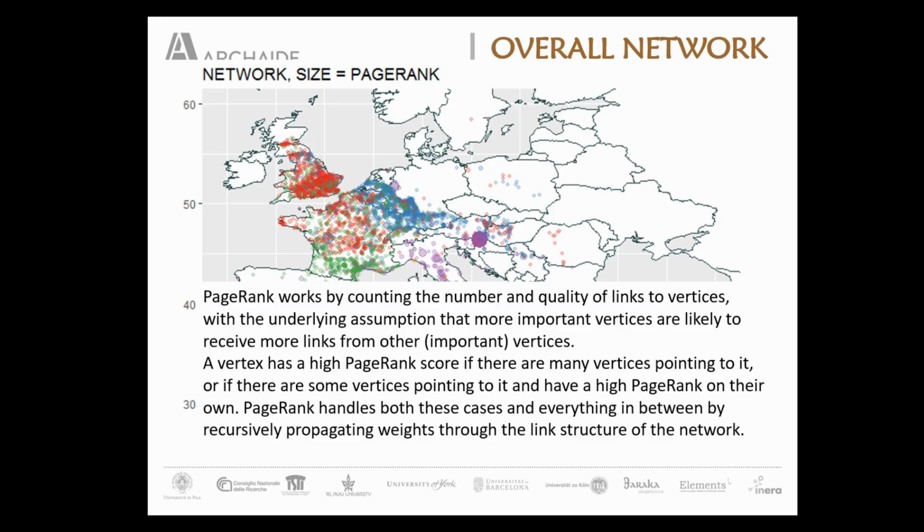So the assumption is that the more important vertices are likely to receive more links from other, in many cases important, vertices. So a vertex has a high score in PageRank if many vertices point to it. Otherwise, the score is lower. In this way, we are trying to detect the most important vertices in each community.